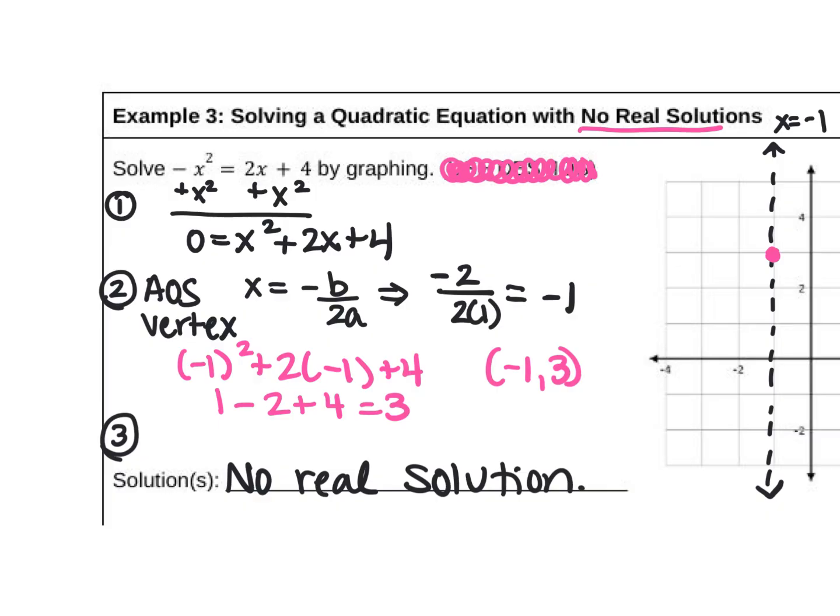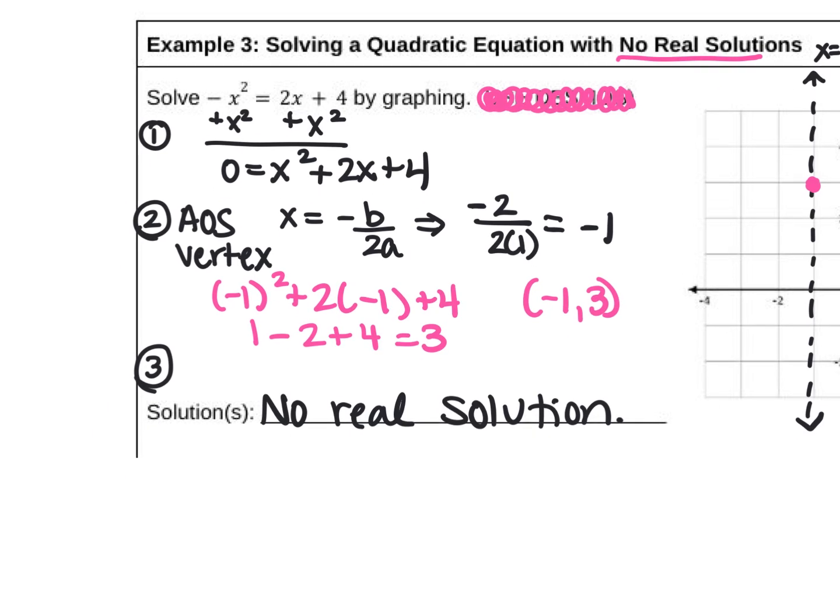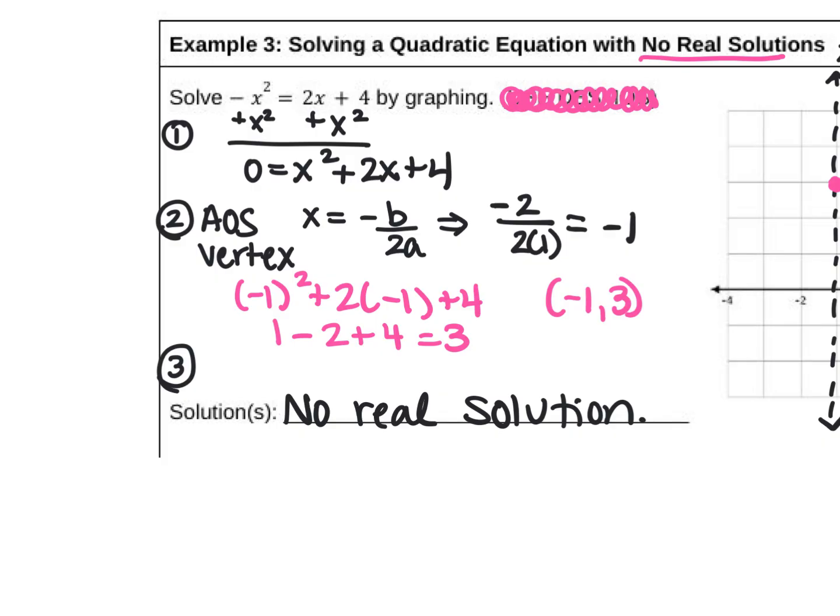But mathematically, there still has to be some type of a solution, but we will rectify that later in this chapter and talk about what happens there. But this is the step where we would see, does it factor? And it does not factor because there are no numbers that multiply to be 4 but add to be 2, right?